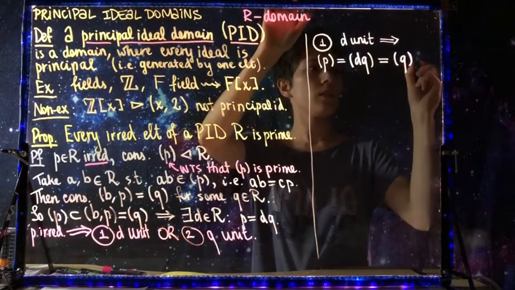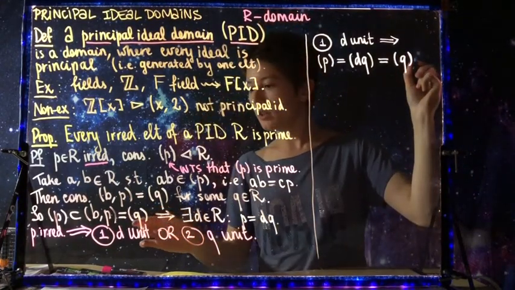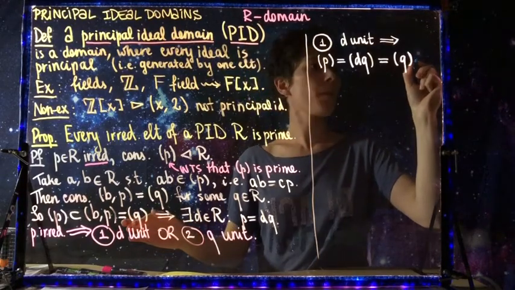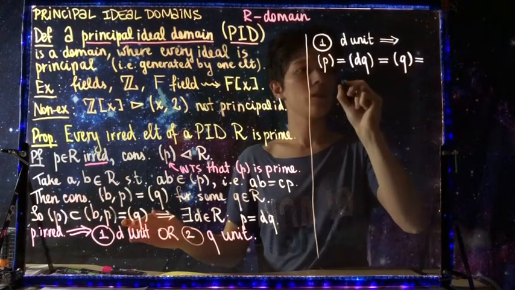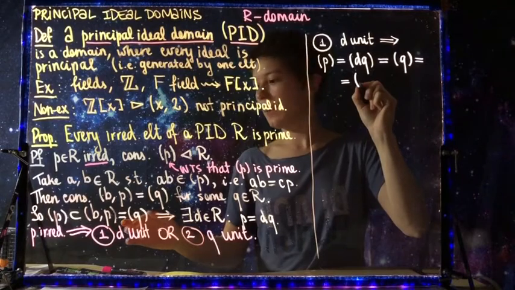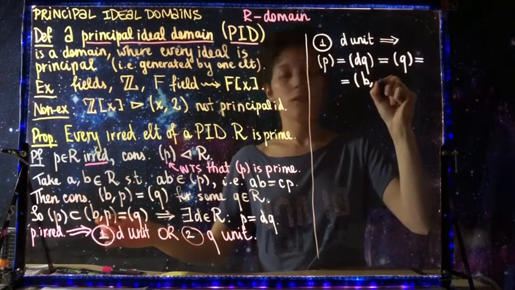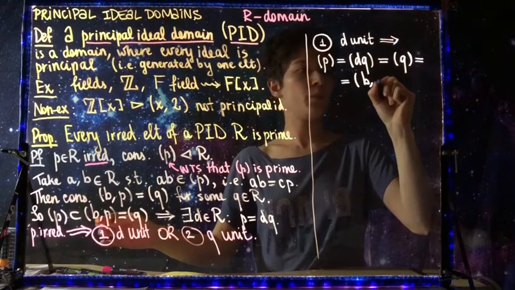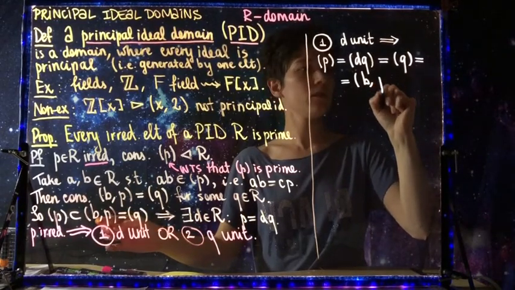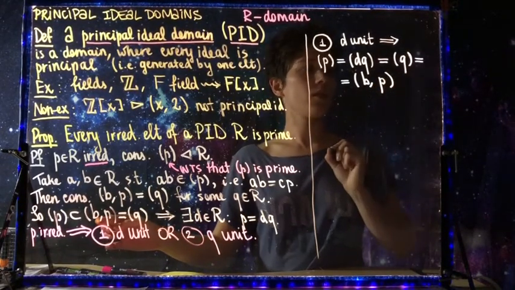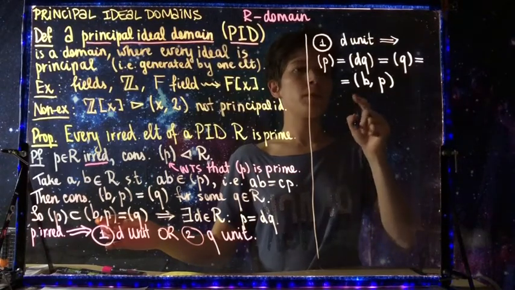But then recall that Q generates the ideal formed by elements B and P. And so we have the equality of two ideals.